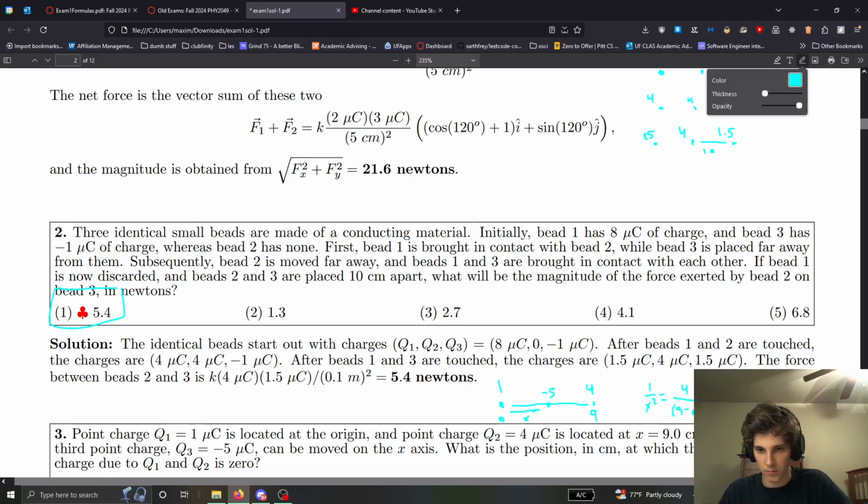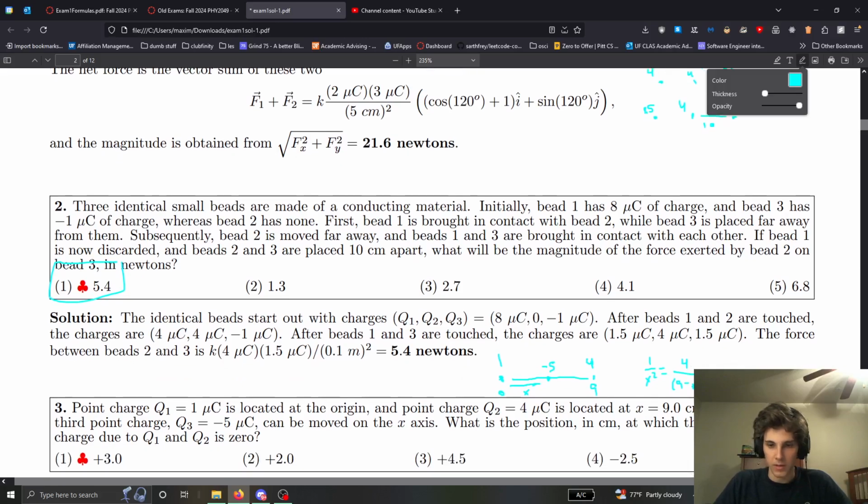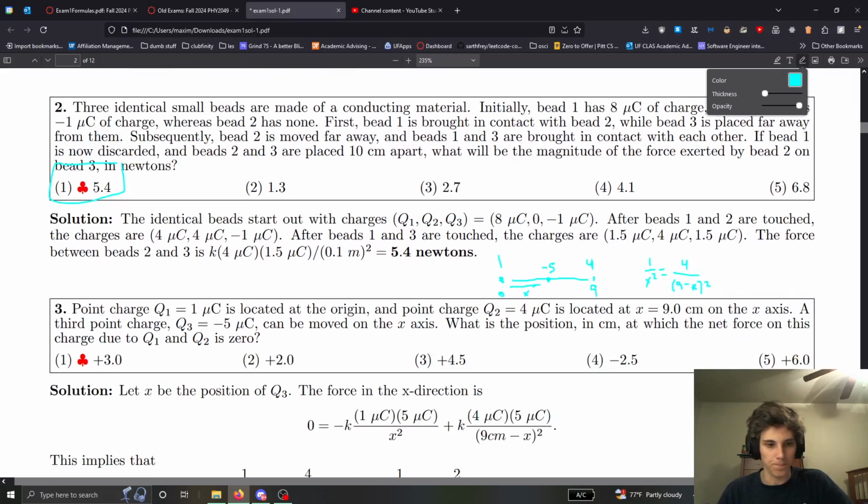Easiest way to solve that one, don't plug it in by hand. Your calculator will do the work for you. I got 3. The correct answer is 3. There you go.